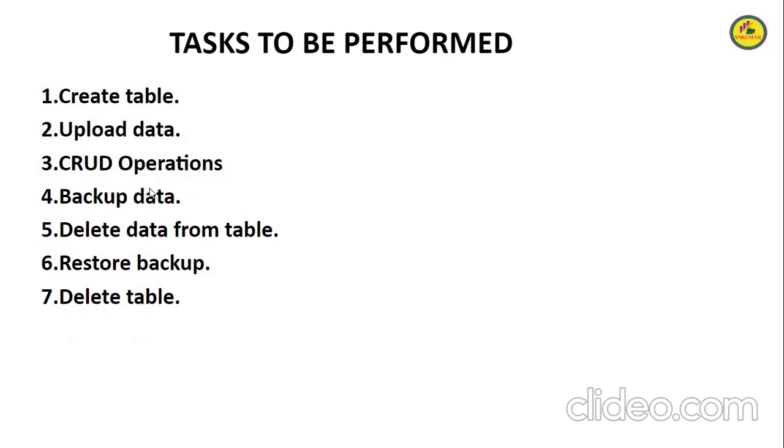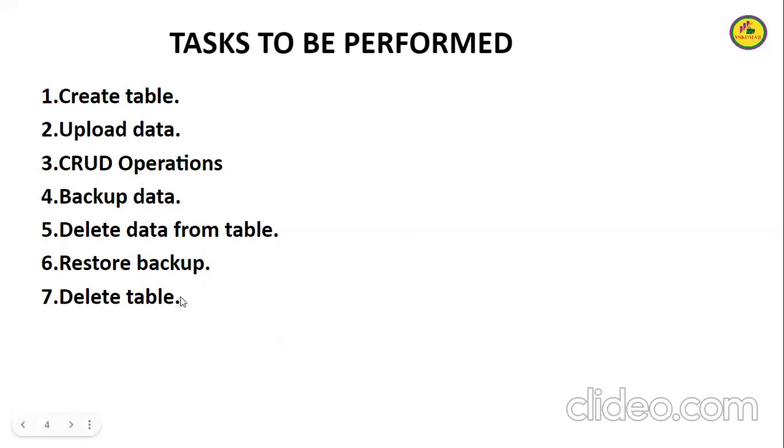After that, we took a backup of this data from the DynamoDB table. Once we were done, we deleted all the data from the table. Now we are in this task, restoring the backup into a new table. Finally, we'll delete the previous table.